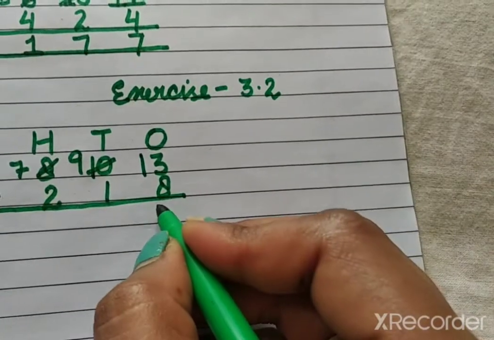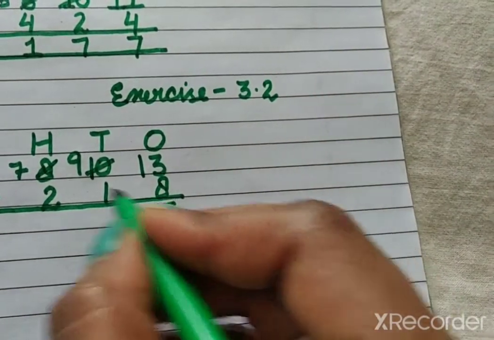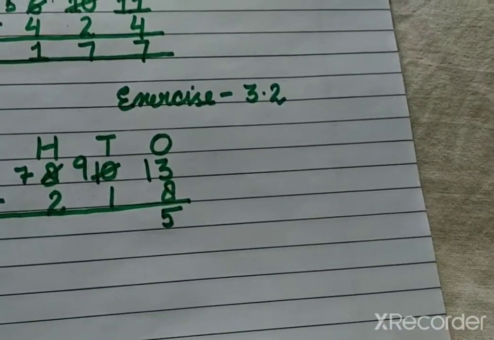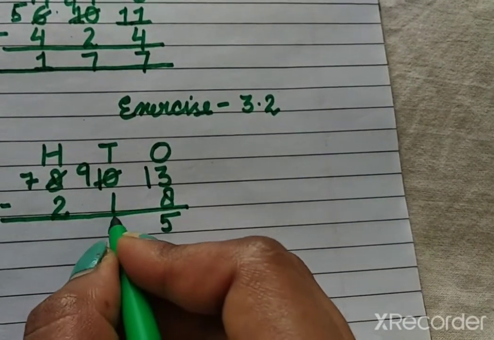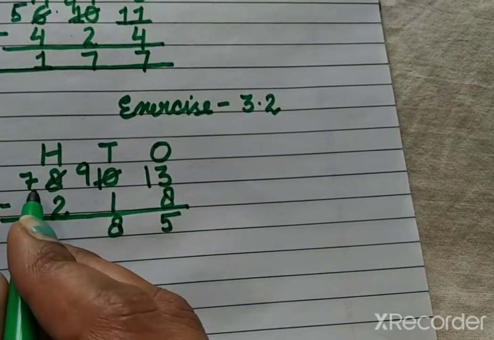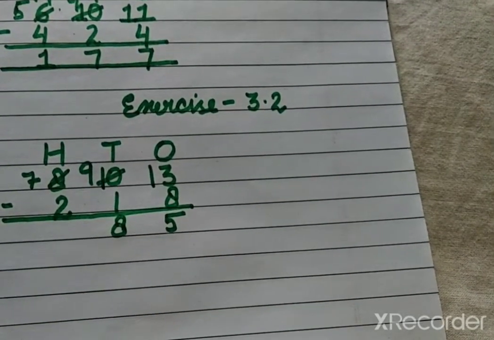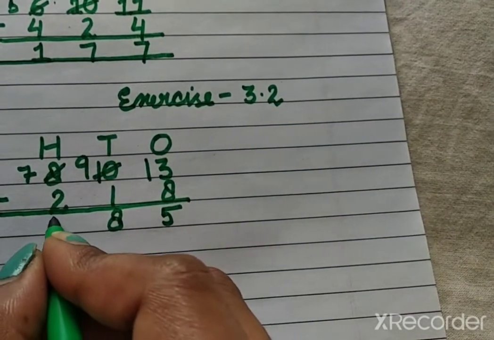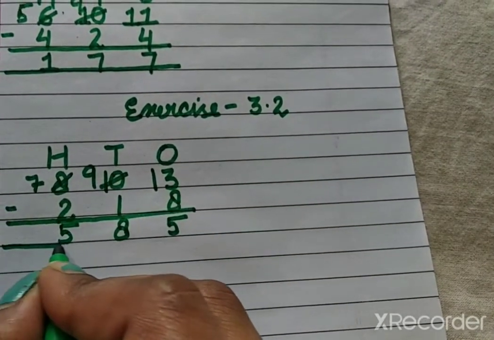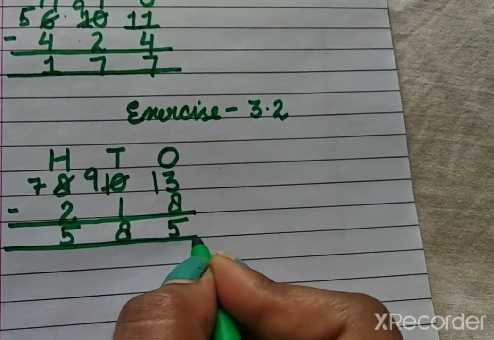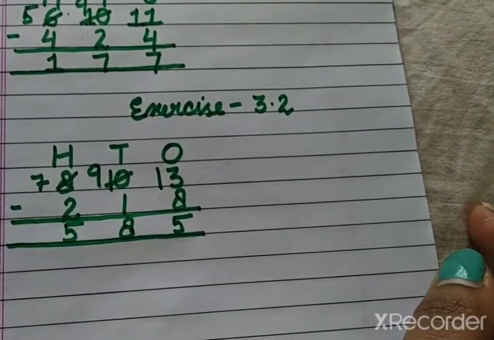Yes, 5. Now 9 minus 1, 8. 7 minus 2, 5. This is your answer, 585.